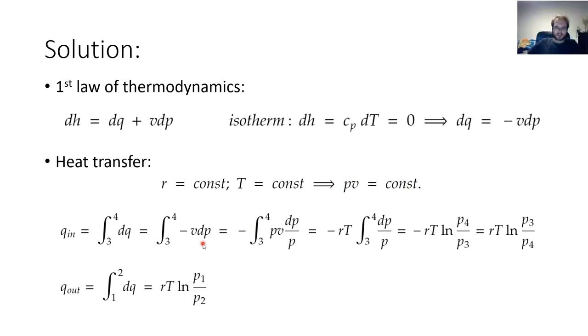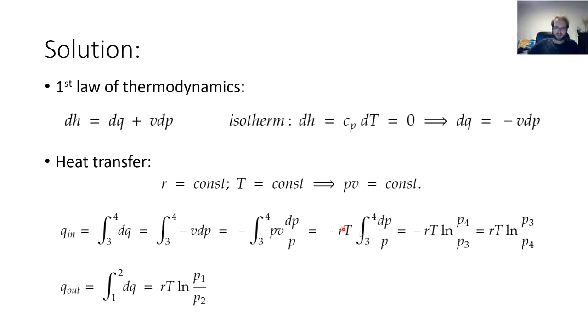So we expand this term by multiplying by 1 in the form of P over P. So we actually get PV divided by P multiplied by dP. And since this PV is constant, it can go in front.